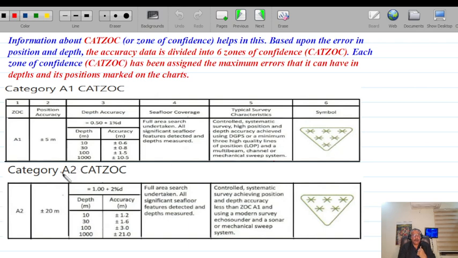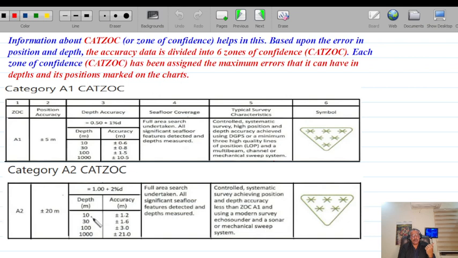Coming to category A2 CATZOC, the position accuracy is plus minus 20 meters. In this case, the depth accuracy is 1.00 plus 2% of the depth, which has been stated here in tabular form. If the depth is 10 meters, the accuracy is plus minus 1.2. Now here you see, with respect to CATZOC A1, it was 0.6 with 10 meters depth.